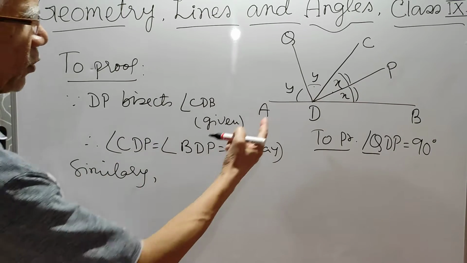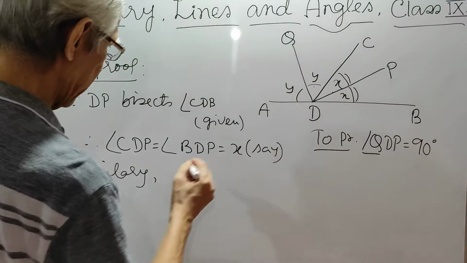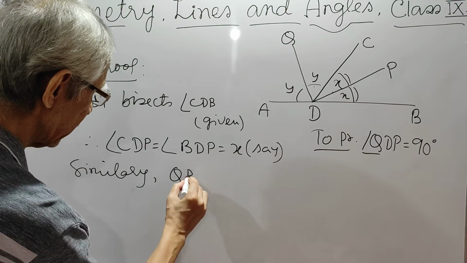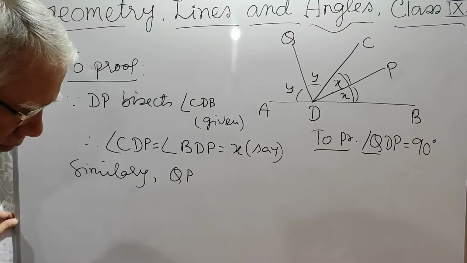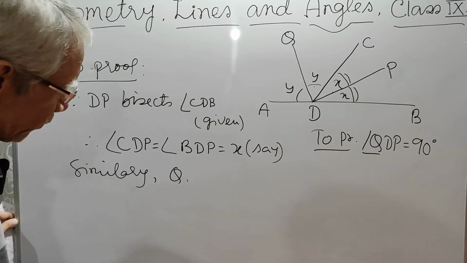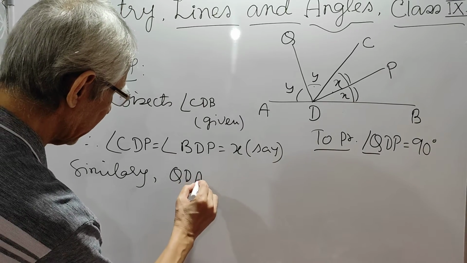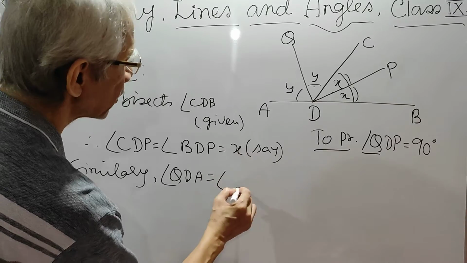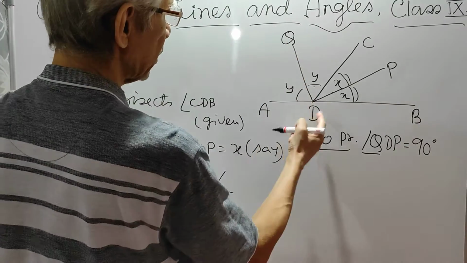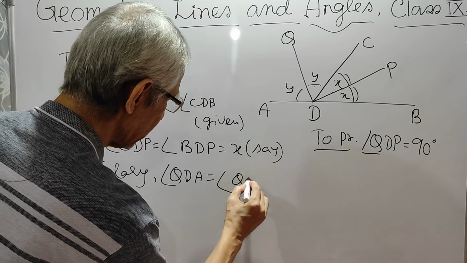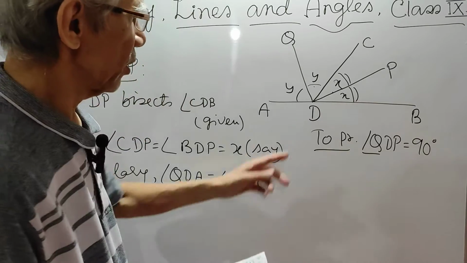These two angles. So QDA, this angle is equal to what? QDA equal to QDC. Why? Because this is bisector.